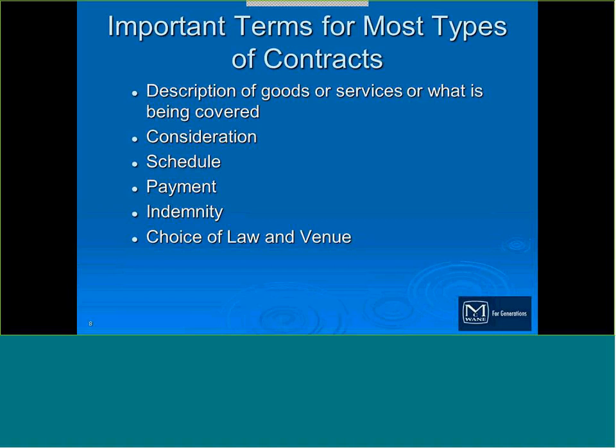And likewise, with respect to venue, that means if something goes wrong in the contract and you've got a dispute, who's going to be looking at that dispute? What court or arbitral group is going to be deciding who wins in that dispute?